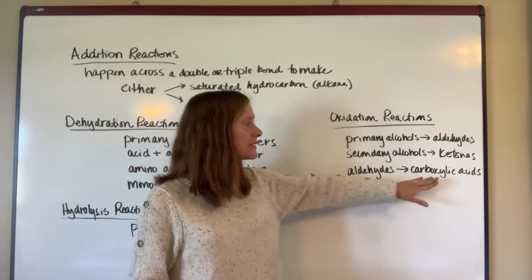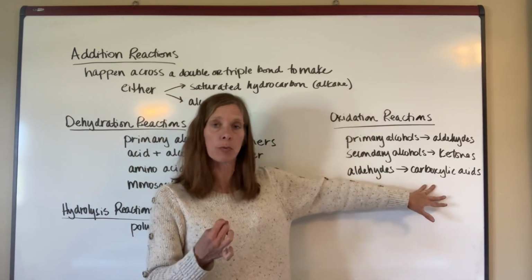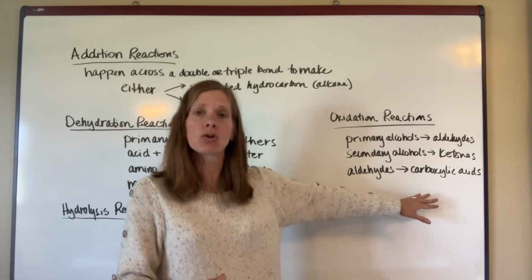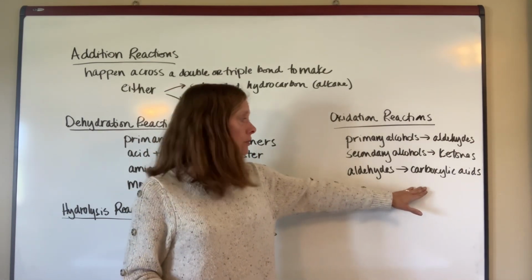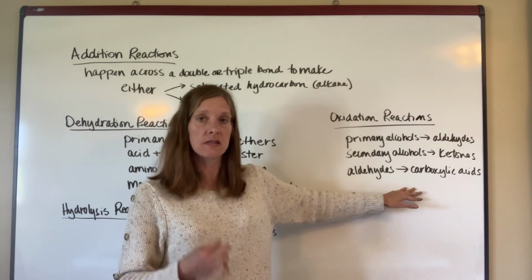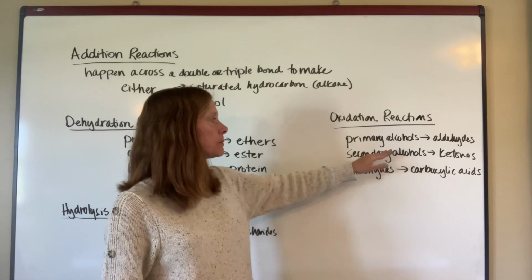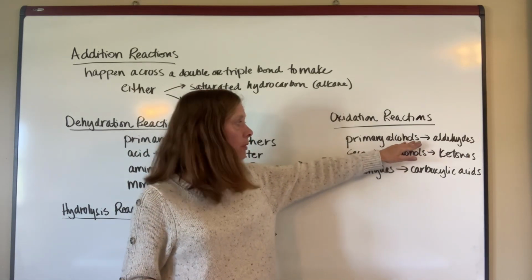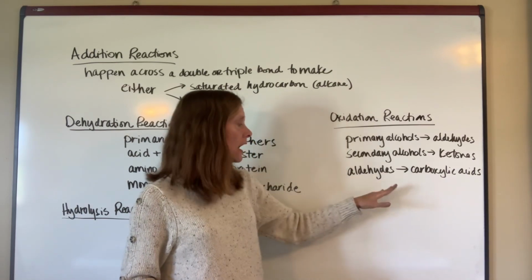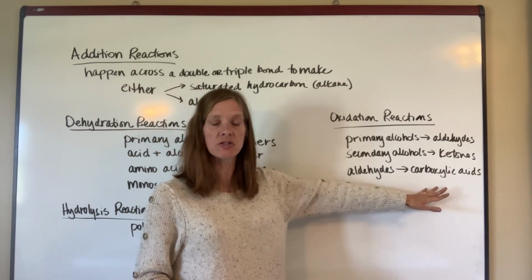Both aldehydes and carboxylic acids have a doubly bonded oxygen, but a carboxylic acid has an additional oxygen bonded to it. So in all of these situations, we are adding an additional oxygen bond, whether it be to the existing oxygen that was already there, or whether we add a whole other oxygen, as when I turn an aldehyde into a carboxylic acid.